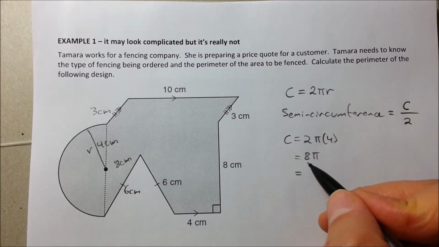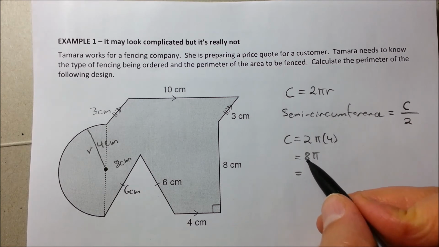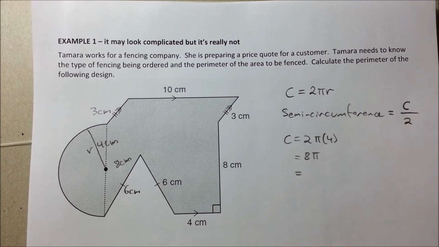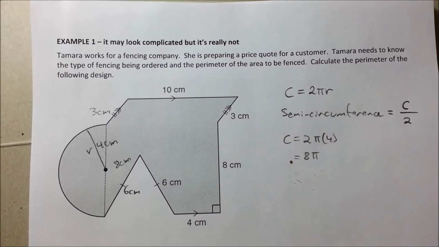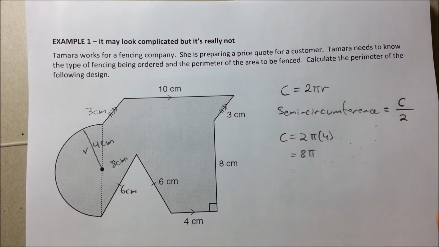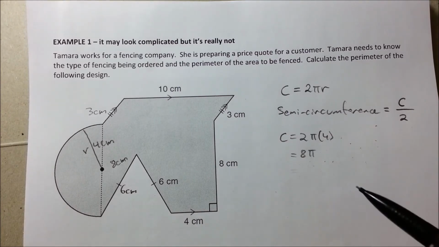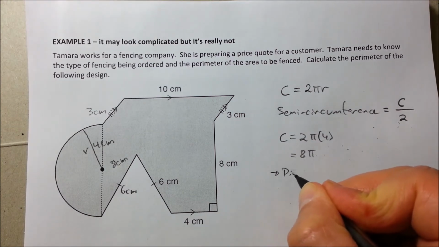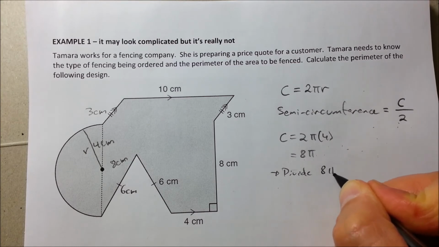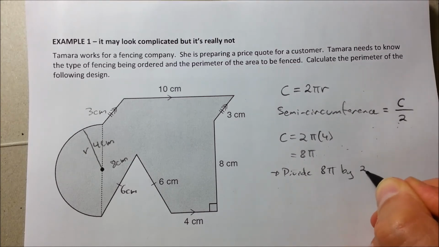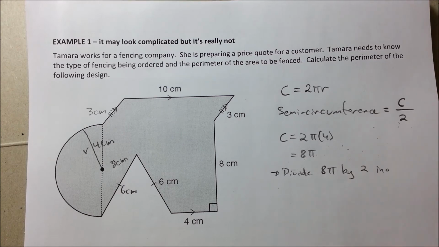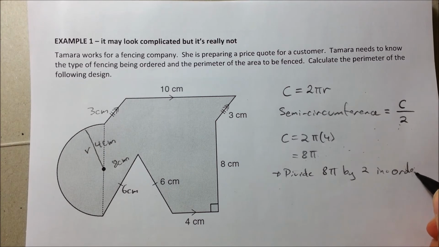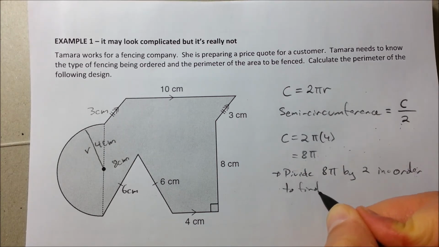But we don't actually need the circumference right now. Sorry about that. We actually need half of the circumference, so the semi-circumference. So we need to divide this by 2. So what we need to do is essentially divide 8 pi by 2 in order to find the semi-circumference.